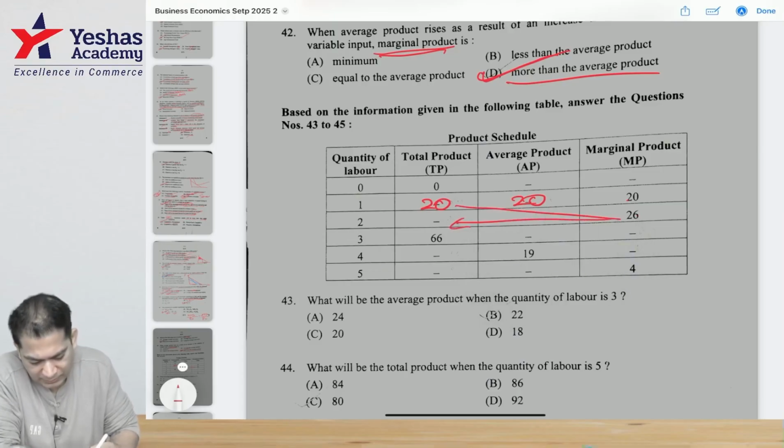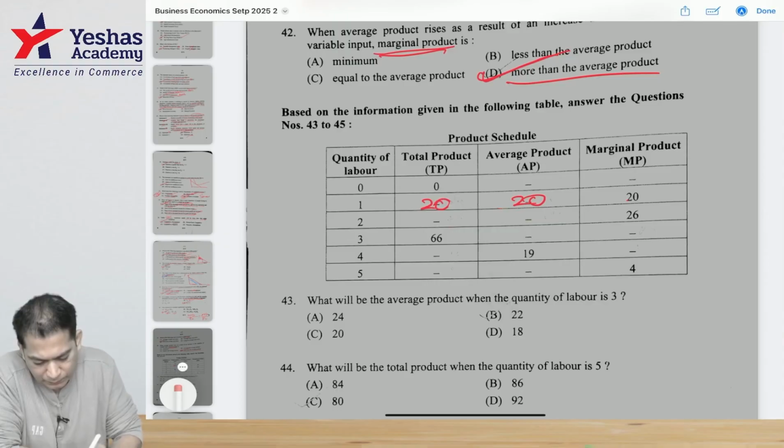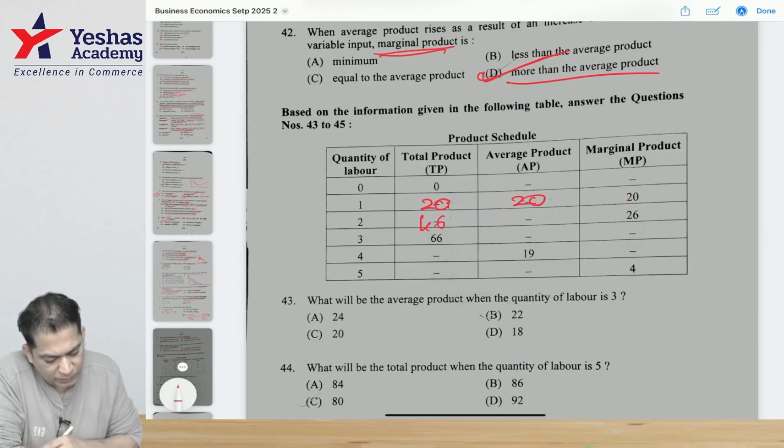20 here and 26 here. So that will be 46. All right, total product. So average product here, if I want to find out, 23.